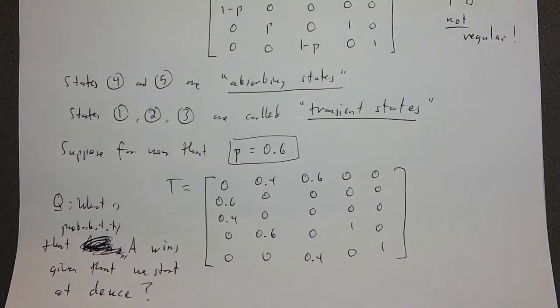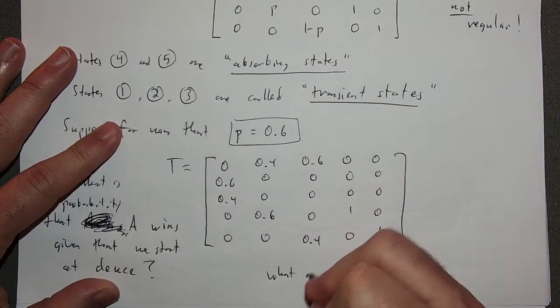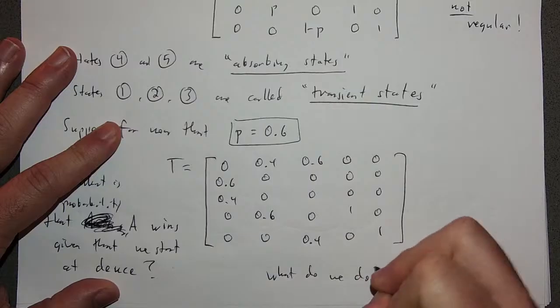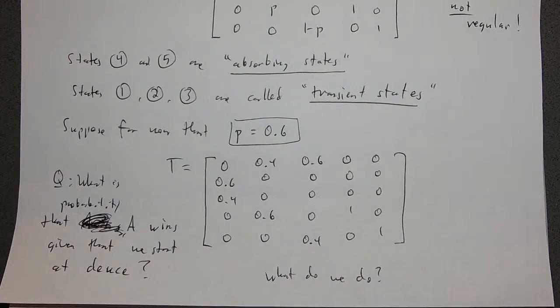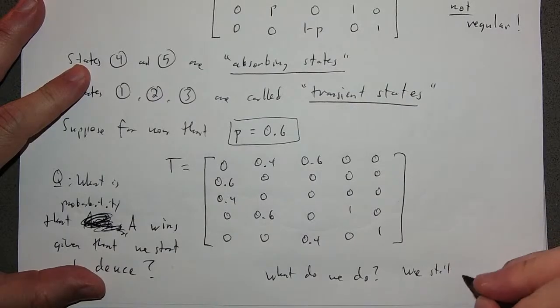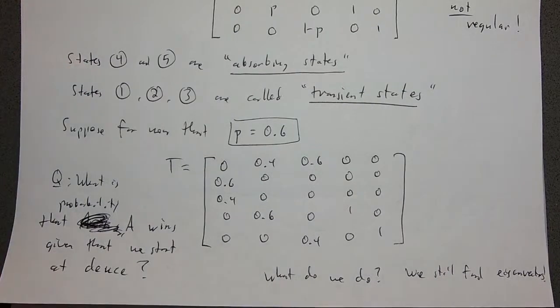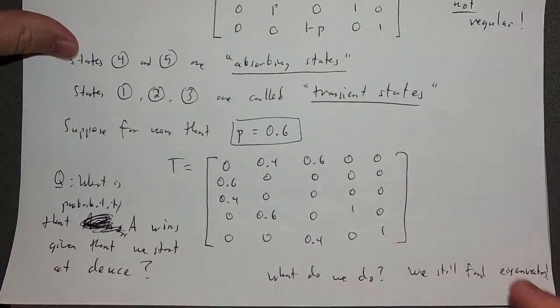So we can't use that approach. So what do we do? We can still find eigenvectors. Let's see if they help us.